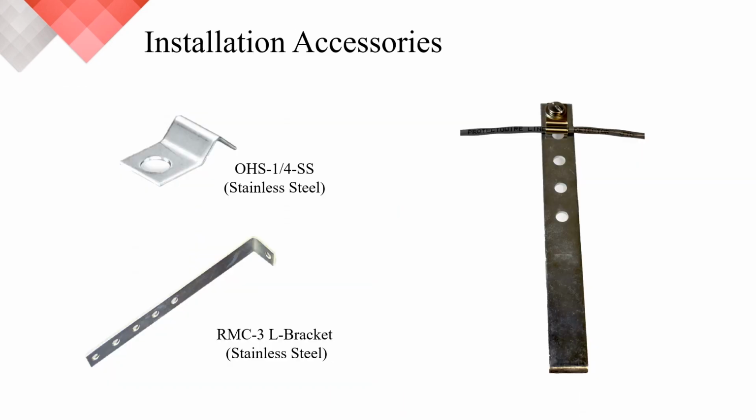This slide is a visual on the OHSS clip attached to the L bracket. I know the picture's kind of lame, I took it with my phone, but I thought it was important to show you. It's connected with a stainless steel screw by others. So again, whether it be the OHSS or the JD1, it's a great combo for tank installations for sure.